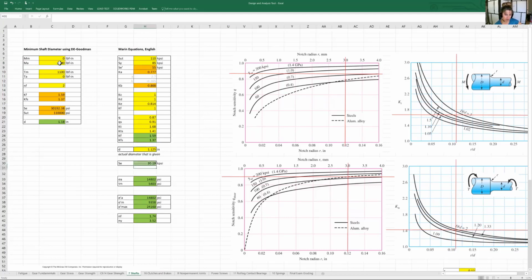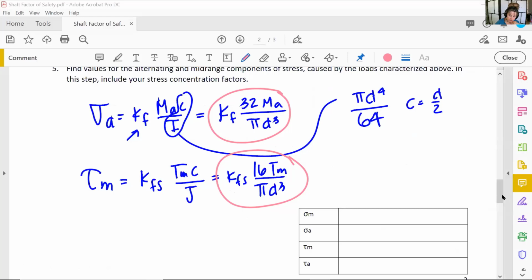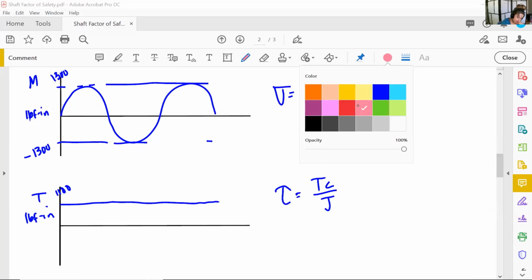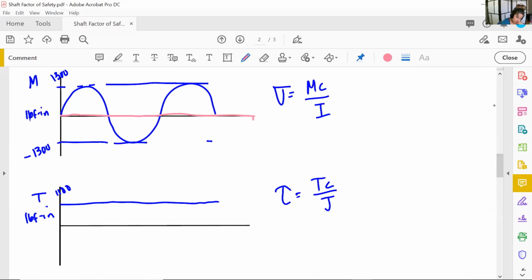And so you get sigma A and tau M. So those are values that are calculated from the moments and the diameter, no problem. Hypothetically, we could have a sigma M and a tau A. So in other words, a mid-range value of bending moment and an alternating value of torque, but our loading case is not that. So here, we don't have a mid-range bending moment, sigma M equals 0.